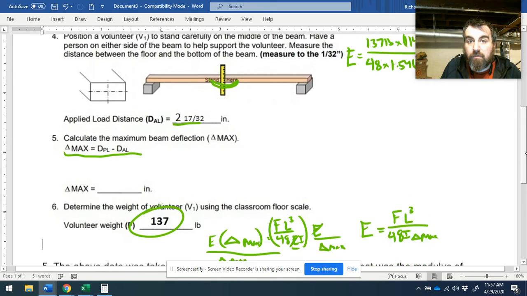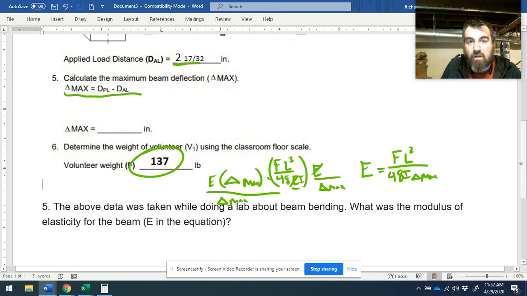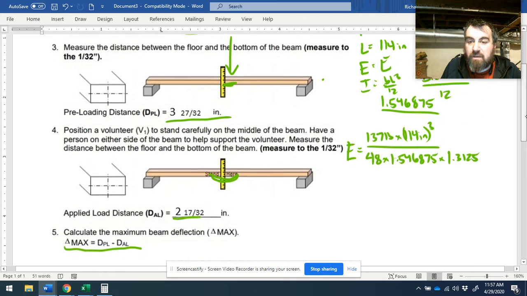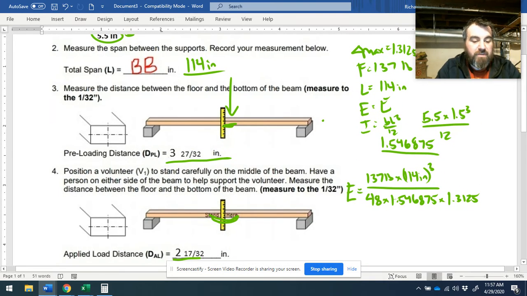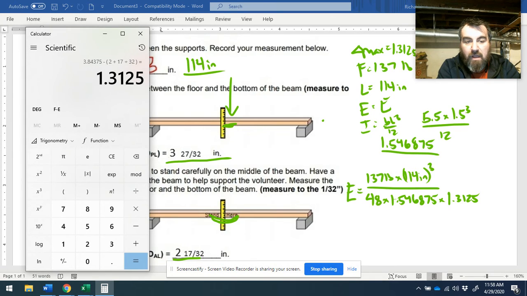Because we already solved for that, or we rearranged the equation. Okay, so put this in the calculator, no problem.